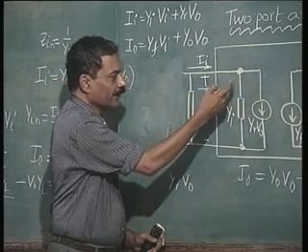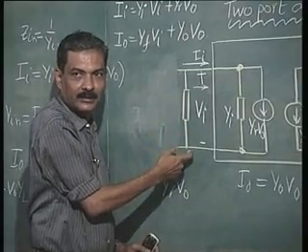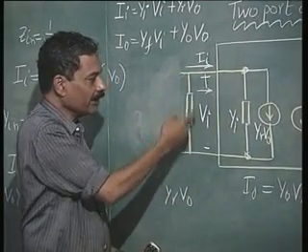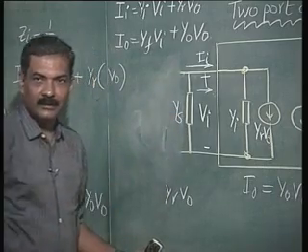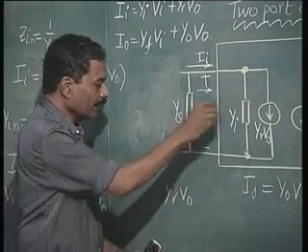This current is going to get divided between this admittance and this admittance. So that admittance that is going to take a current from this is nothing but YS here, the source admittance. So what is the current that is going there?